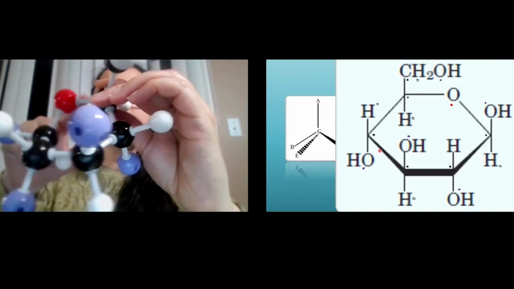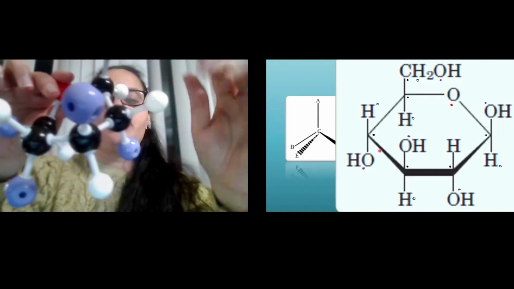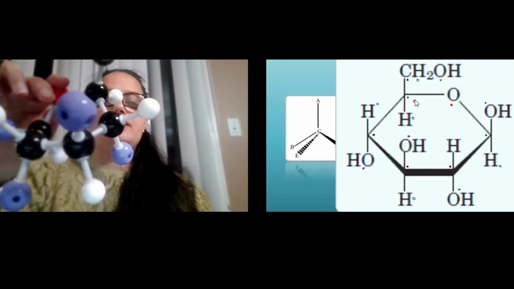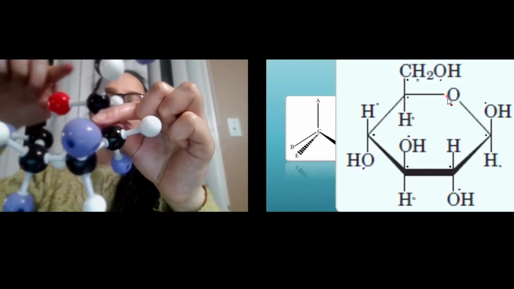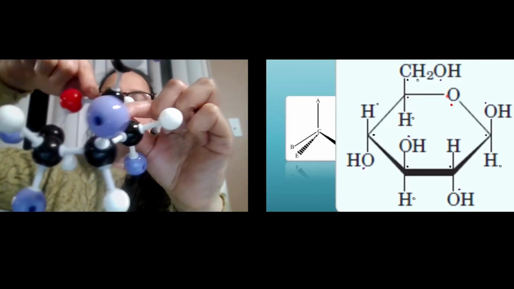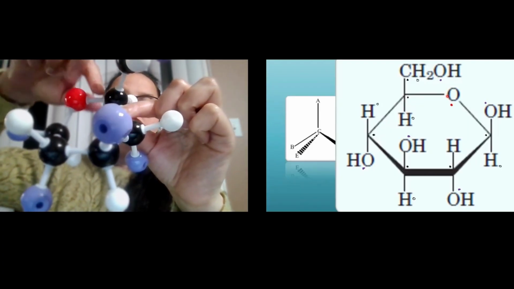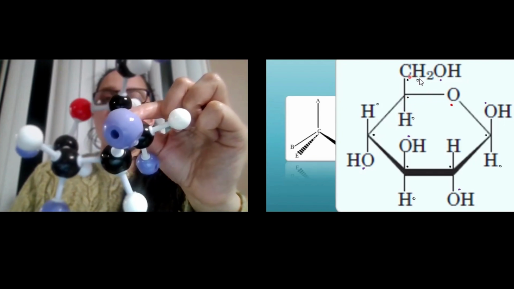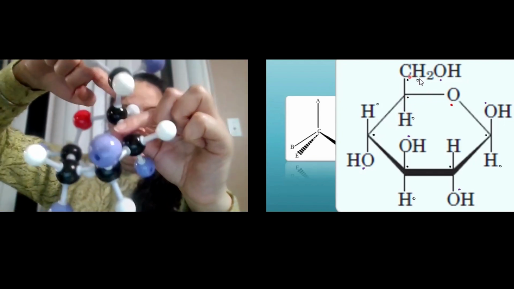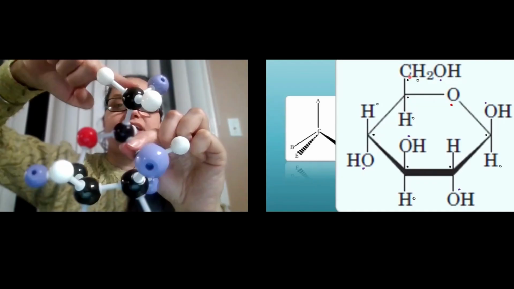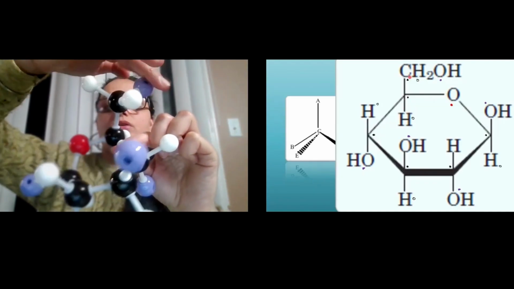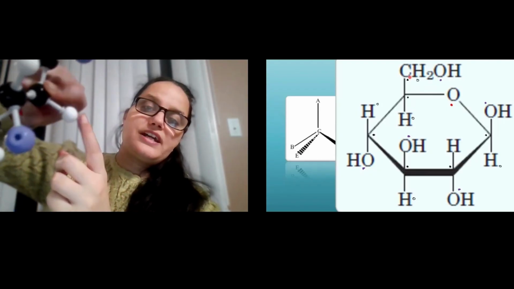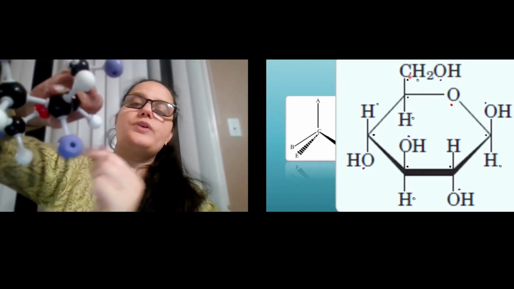Right now, this 5th carbon over here is bonded with the hydrogen, and over here it is bonded with oxygen. So this carbon number 5 is bonded with oxygen, and then it is bonded with carbon number 6, with all of its groups, and on the downside there is this hydrogen over here.